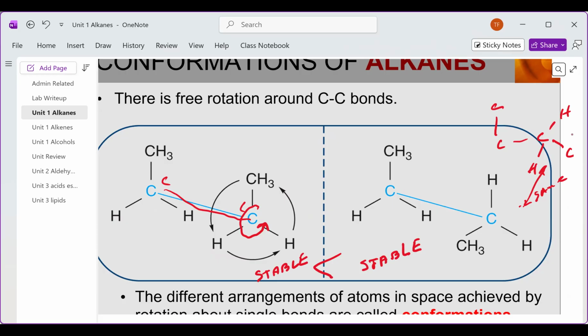So the molecule, in this case, 4 carbons, 1, 2, 3, 4, is going to spend some time where the methyl groups are farthest apart. And this is called steric hindrance.